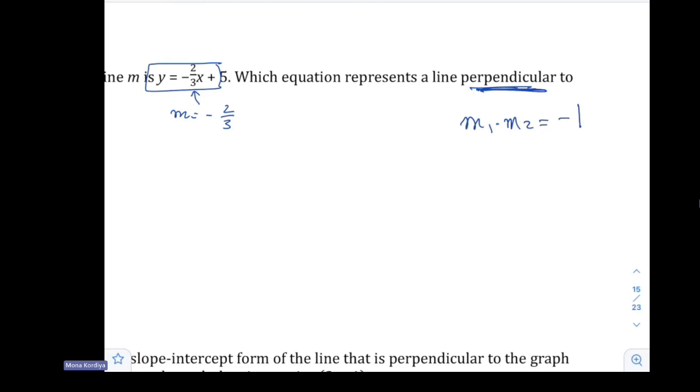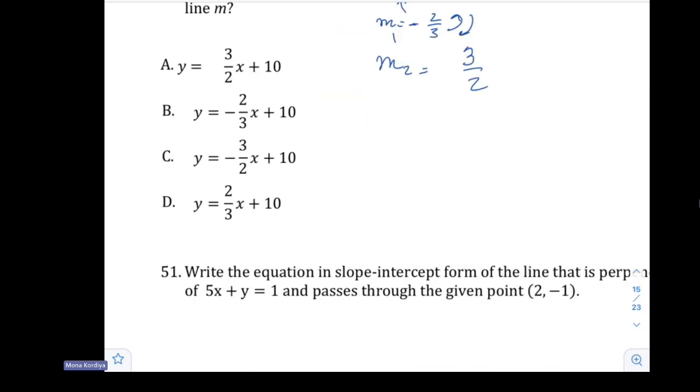If this was negative 2 over 3, then the slope of the other one is 3 over 2. Remember, we flip and we flip the sign at the same time. Which one of the given choices has a slope of 3 over 2? It is very obvious that it's only A here.